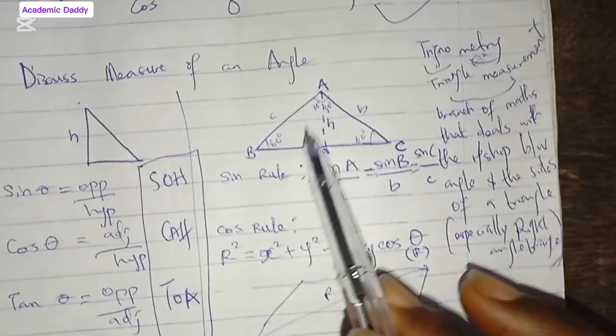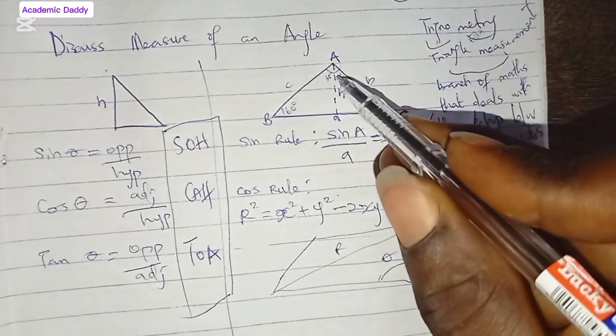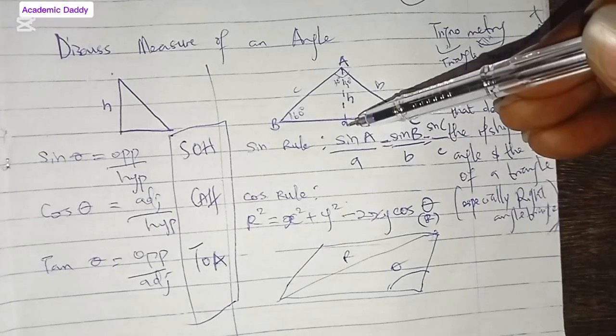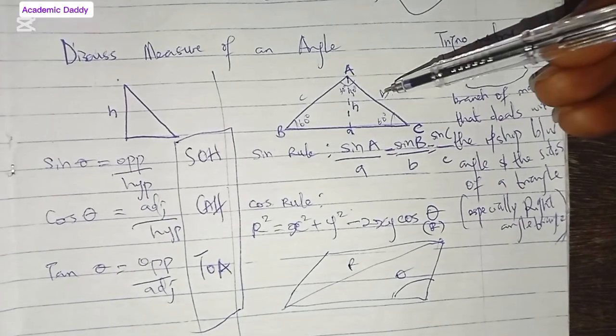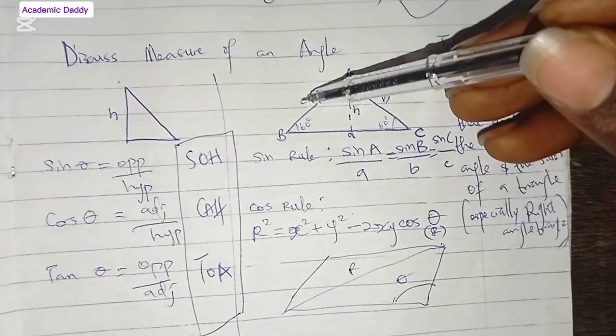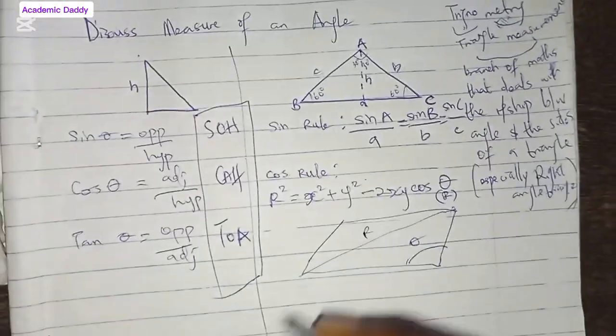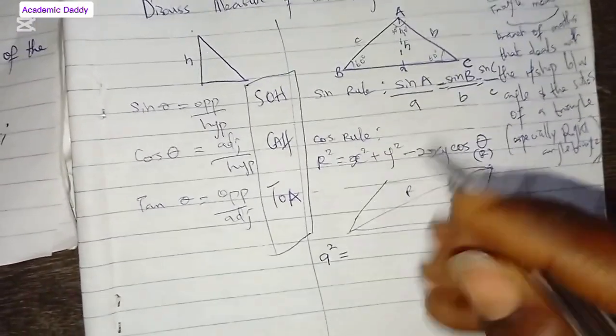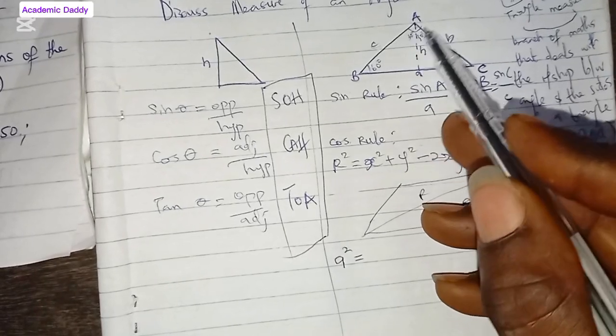So if I go back to this triangle, if I'm looking for A, what I'll be considering is the sides, because notice that this is the hypotenuse part of this. If it's a I'm looking for, it will be a square equals, because this a equals this angle, I already know it.